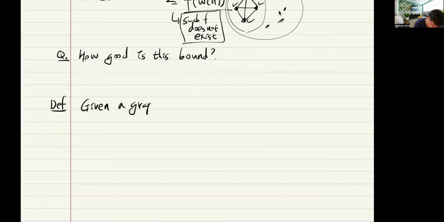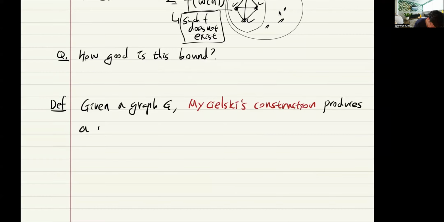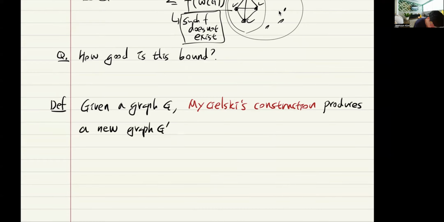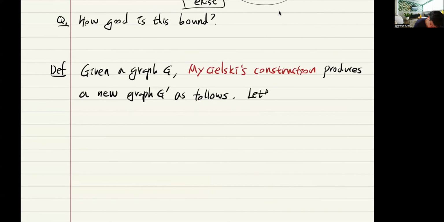Let's say you have a graph G. We consider Mycielski's construction, a way to produce a new graph G prime from this G in the following way. Let the vertices of G be V1 to Vn.